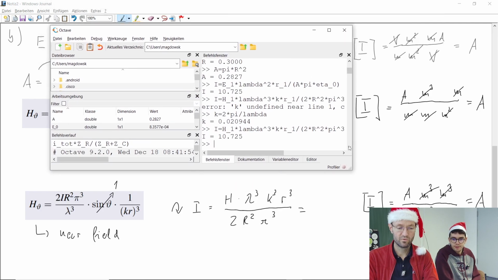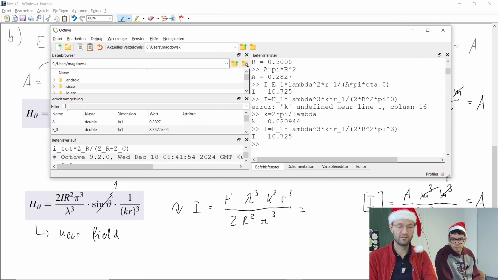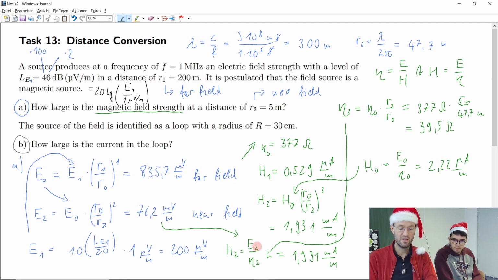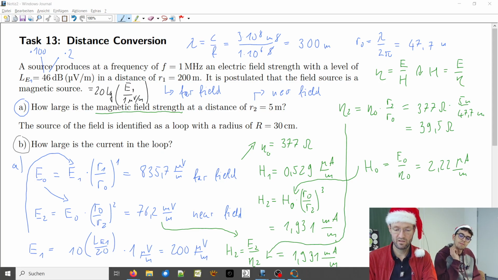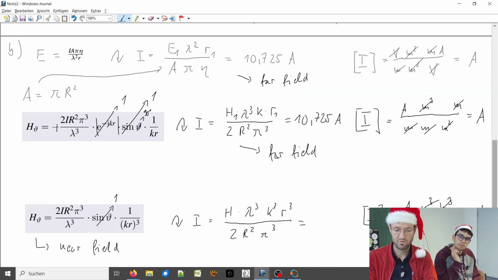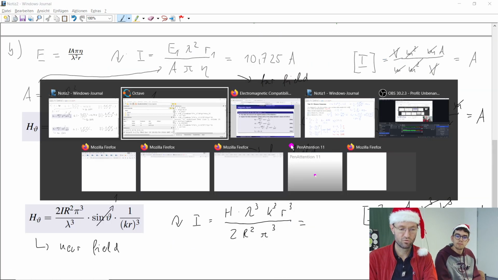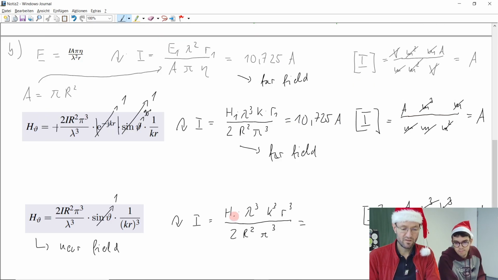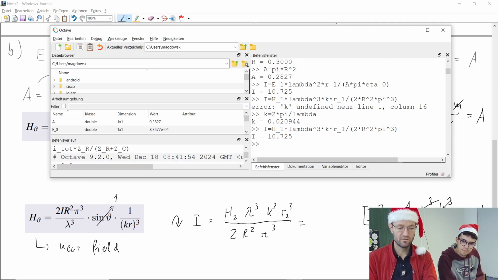Move my window up a bit. And so now, before I do this, we need to check what was near field stuff that we already calculated. For example, this H2. H2 was in the near field and the corresponding distance was R2, 5 meter. So if I go back to Octave and use this formula with H2 and R2, both values which are in the near field.